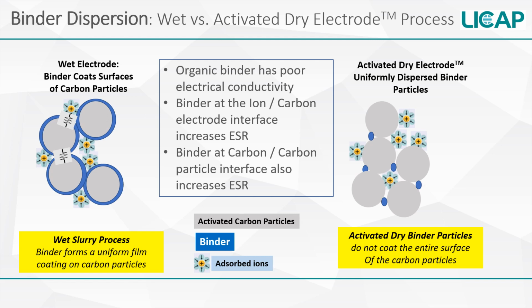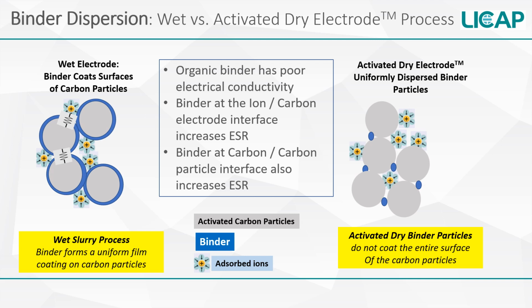While this accomplishes the goal of forming a thin electrode with adequate mechanical strength, the binder component has poor electrical conductivity, causing increased electrical resistance at both the ion-carbon interface and between the carbon particles themselves, thus increasing ESR. In the figure on the left, the blue area is the binder shown coating the carbon particles. The resistor symbols show that there is added resistance at the ion-carbon and carbon-carbon interfaces.